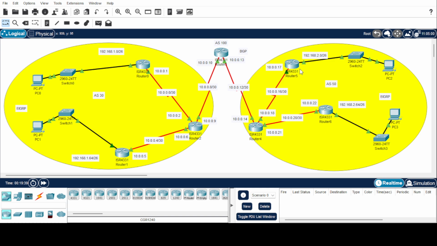Let's go to router 5 to configure EIGRP for internal routing.